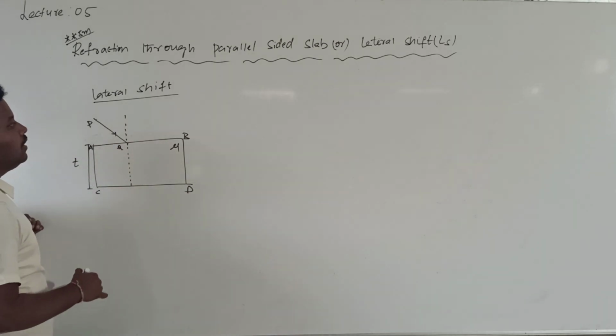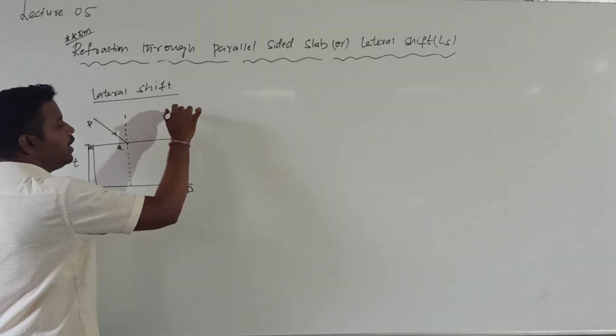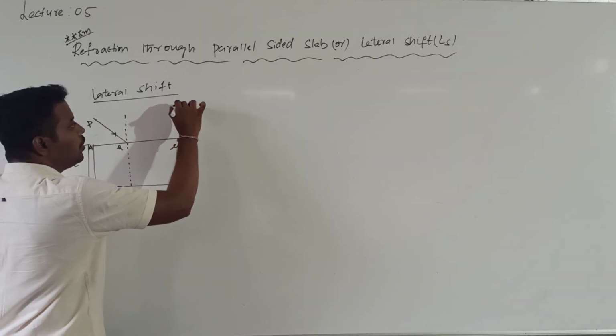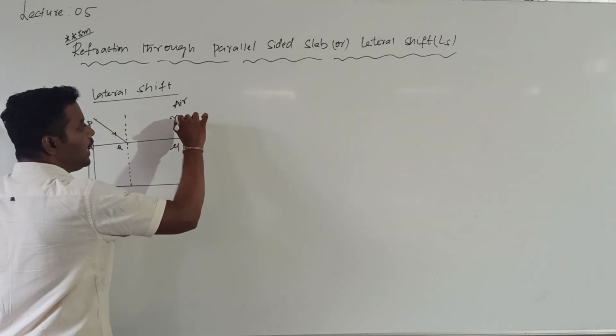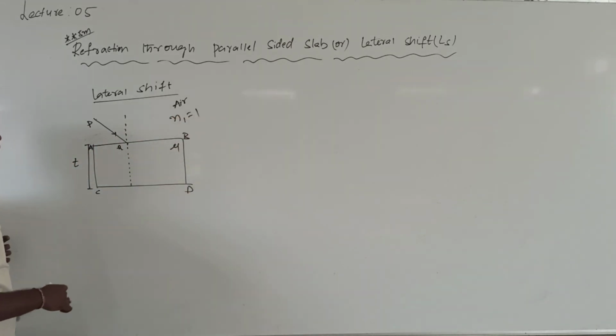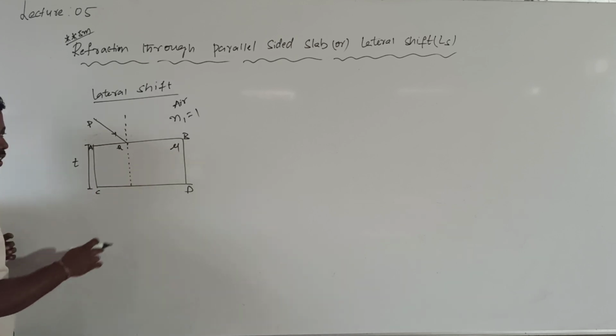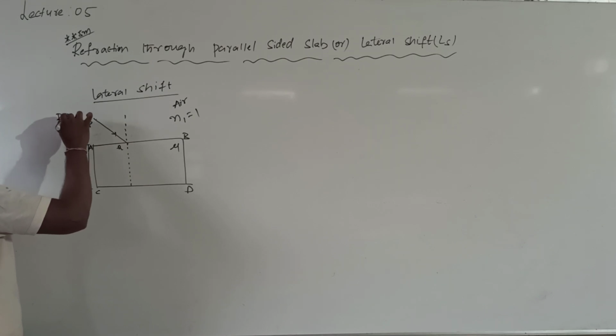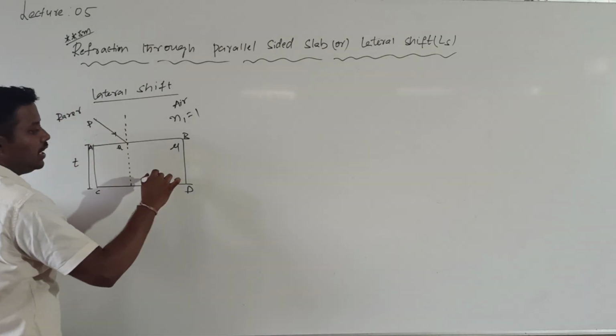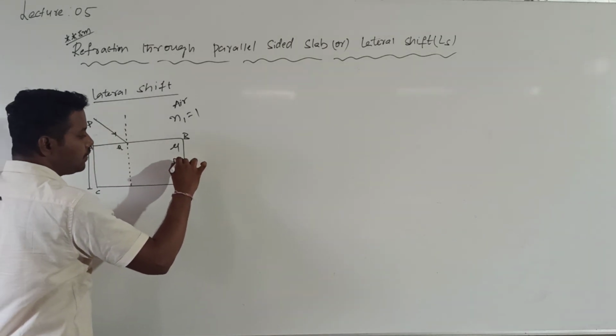Now let me call this the rarer medium, air or vacuum, so refractive index value is 1. Now this is the glass slab, refractive index value mu. No doubt this is the rarer medium and this will be the denser medium.